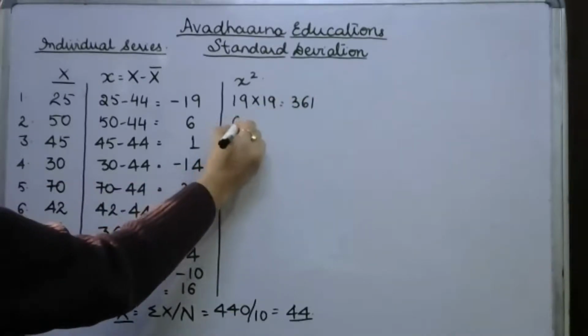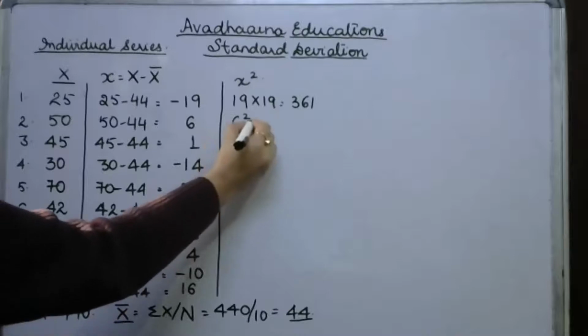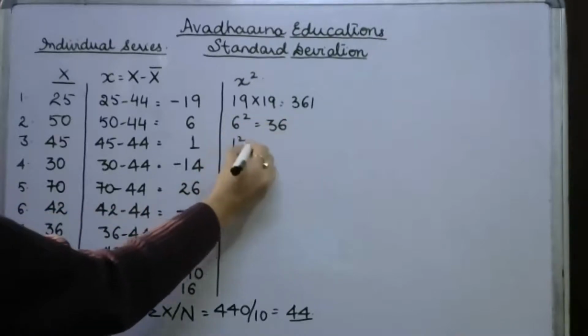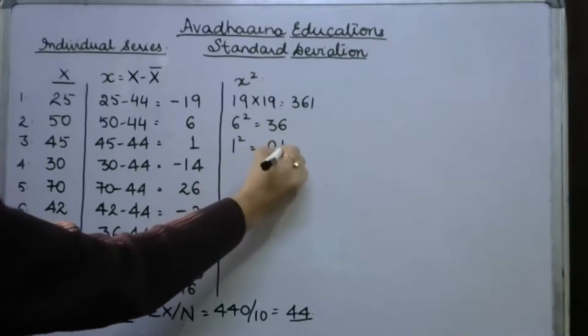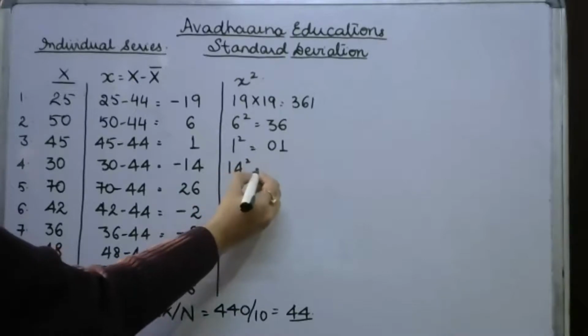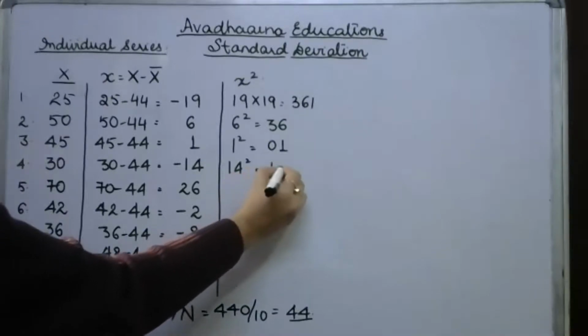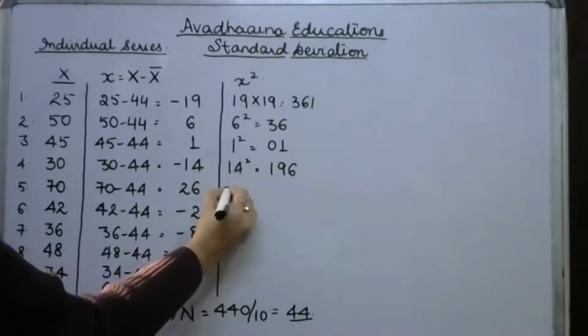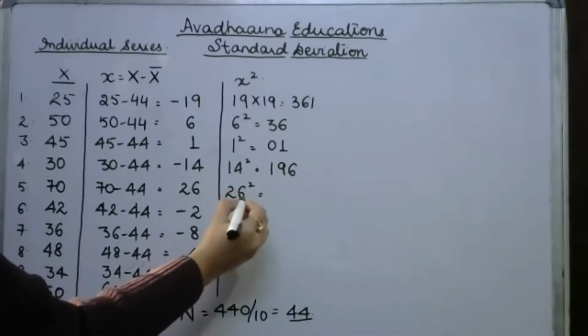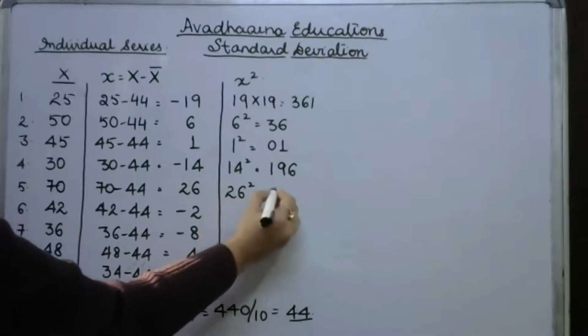Similarly, 6 square, so I'll be writing square now. 6 square, 36. 1 square is 1. 14 square means 14 multiplied by 14, and this is 196. Then 26 square means 26 multiplied by 26, and we'll get 676.